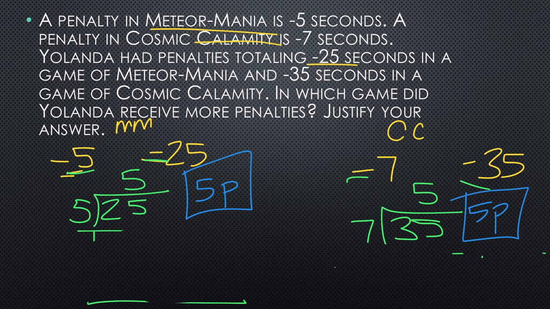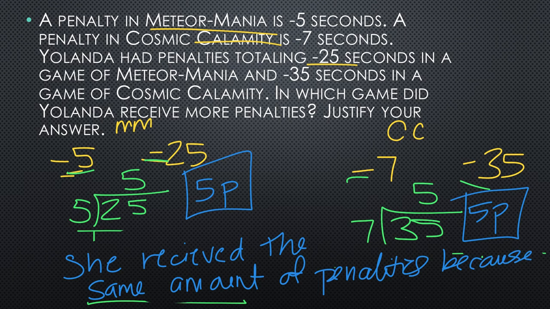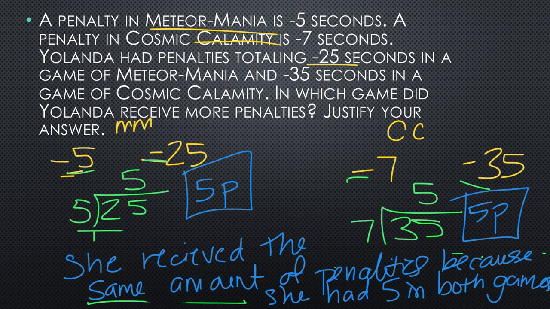And so with my answer, she received the same amount of penalties, because she had 5 in both games. Because when we do our division, we both got those answers of 5. So our answer is she had the same amount of penalties in both games.